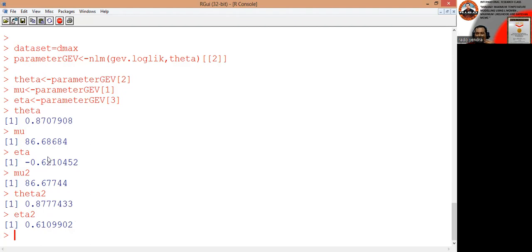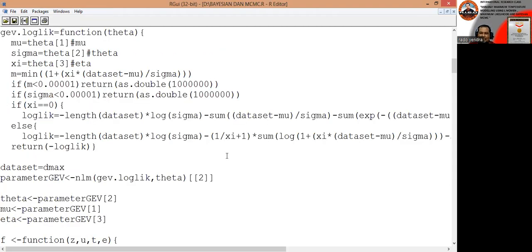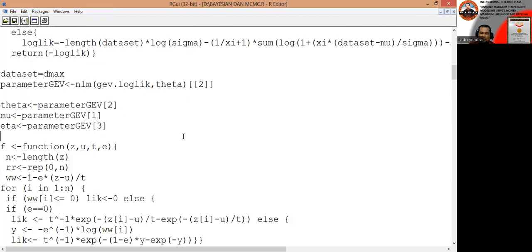Of course we need some method to compare the methods to choose which one is the best. After we run the maximum likelihood, now we can run the Bayesian Markov chain Monte Carlo.